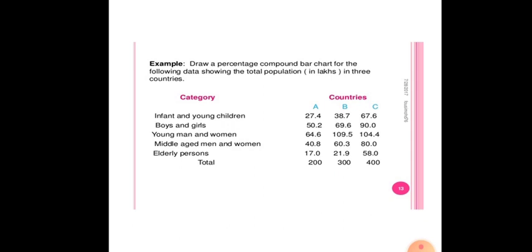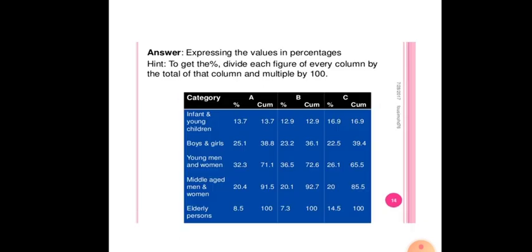So how to convert it? 27.4 into 100 divided by 200, you will get the percentage as 13.7. The same way for B, 38.7 divided by 300 into 100, you will get the percentage figure.